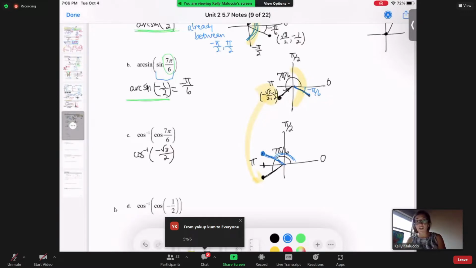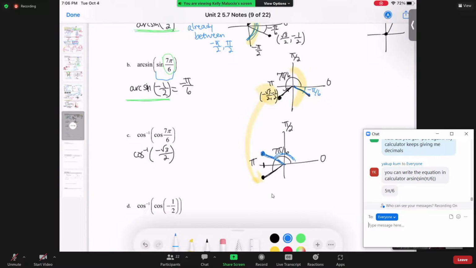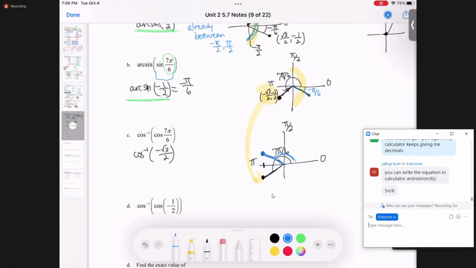Oh, somebody said you can write the equation, Jakob, in the calculator, arc sine of sine of pi over 6, and it gives you 5 pi over 6. If that's true, you've got a good calculator. That's cool. Yeah, it is giving me the answer. Okay, cool. Some calculators though, and there's probably a setting you just have to change, because I think Joseph was saying he keeps getting decimals.